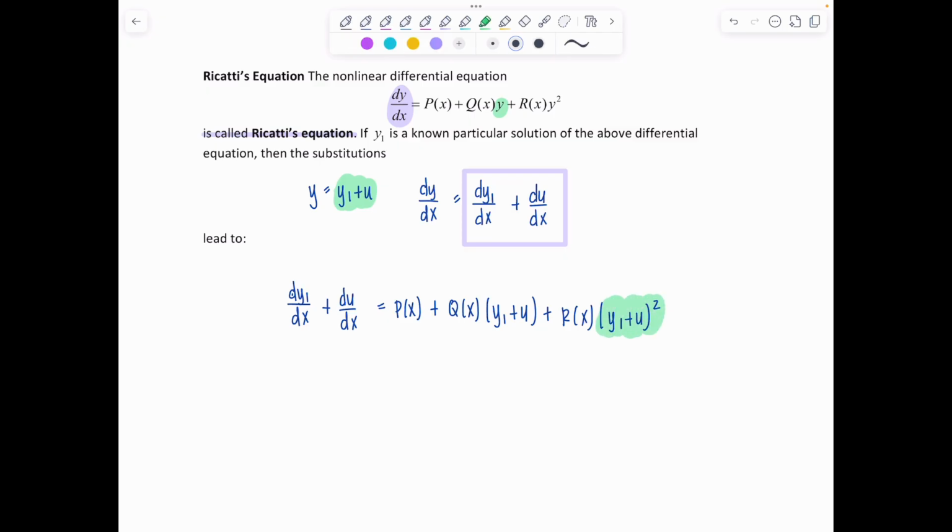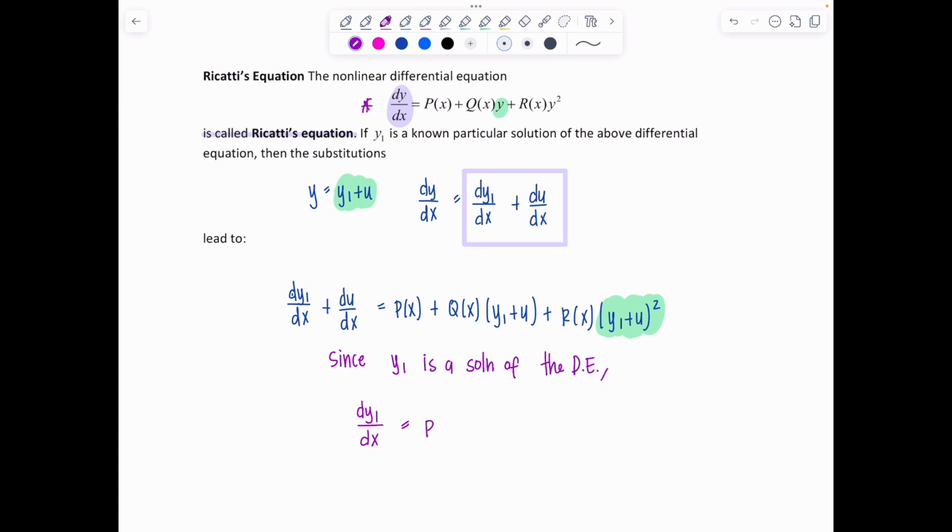Good. Now, what do I know? Well, y1 that was given to me is a solution of the differential equation. And what does that mean if it's a solution? That means it satisfies the equation. So if I find dy1/dx, this one here, then that will equal p(x) plus q(x) times y1 plus r(x) times y1 squared.